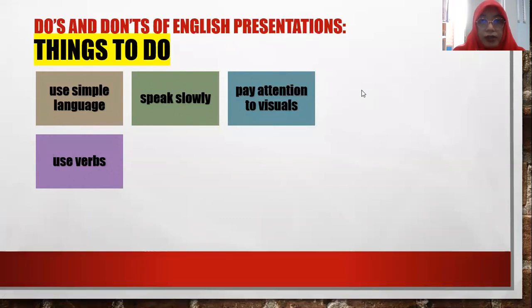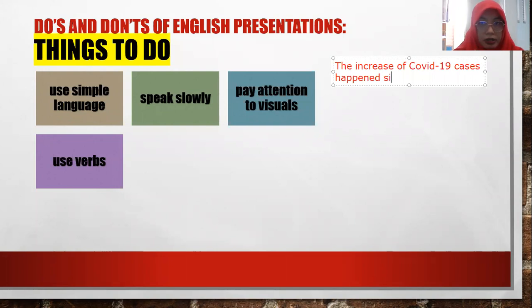When you are writing, maybe you can say something like, the increase of COVID-19 cases happened since March. Okay, so you can say that the increase of COVID-19 cases happened since March.